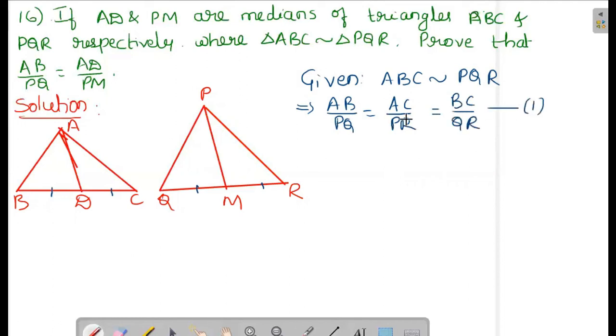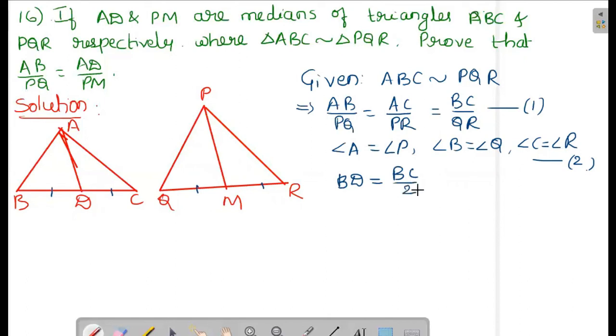What we have to prove? Since they are similar, corresponding angles are equal. Angle A is equal to angle P, angle B is equal to angle Q, angle C is equal to angle R. Let this be 2. And one more: AD is median, so BD is equal to BC by 2, and QM is equal to QR by 2.